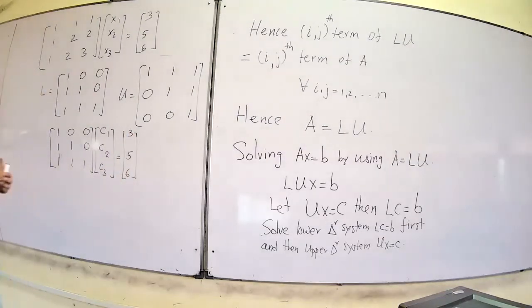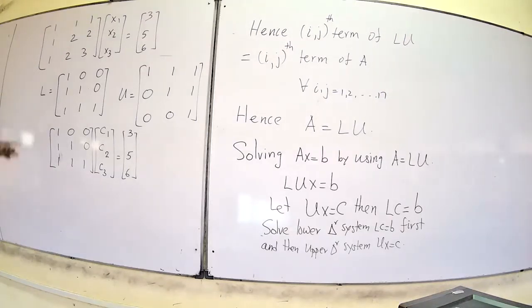Here in this method you don't need to do the elimination in B. In Gaussian elimination, when I convert A into U, I convert B also into C. But here in LU factorization, you don't need to worry about B. You only do the elimination for the matrix A and convert it into LU, and then you solve LC is equal to B to get C.